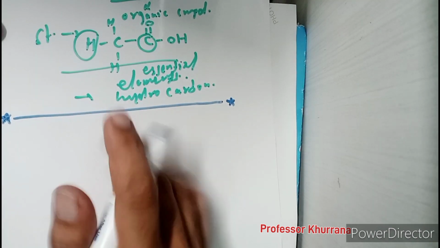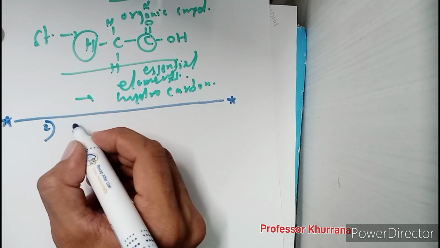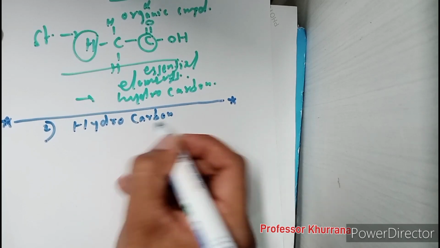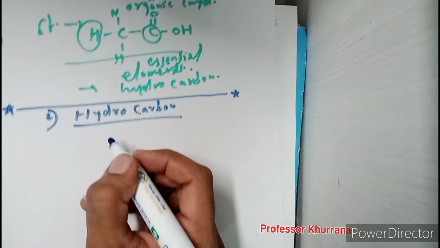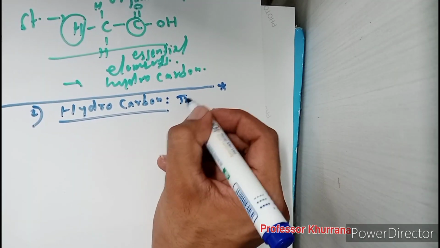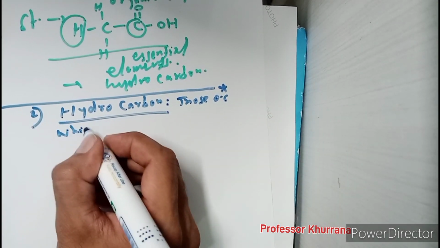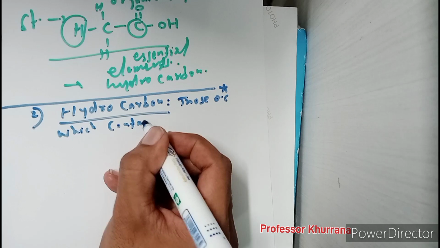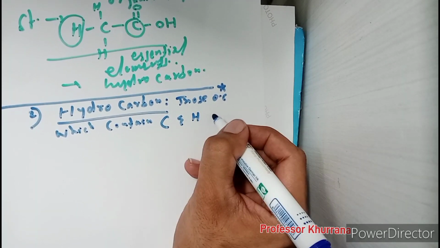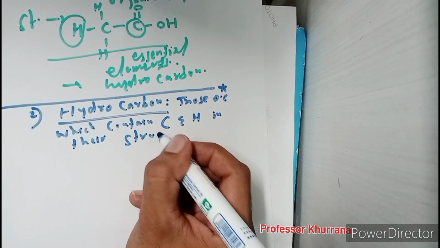Now we will discuss the second part of organic chemistry, that is hydrocarbons, meaning hydrogen and carbon. So what are hydrocarbons? Those organic compounds which contain carbon and hydrogen in their structure.